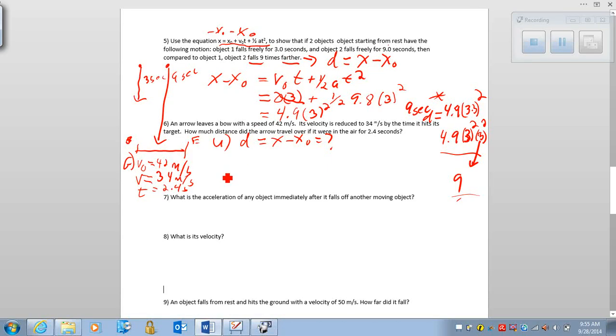Let's go ahead and figure out the acceleration first. Our acceleration here is going to be average acceleration. So we're going to say that our average acceleration is equal to 34, our final velocity, minus our initial velocity, divided by our time.